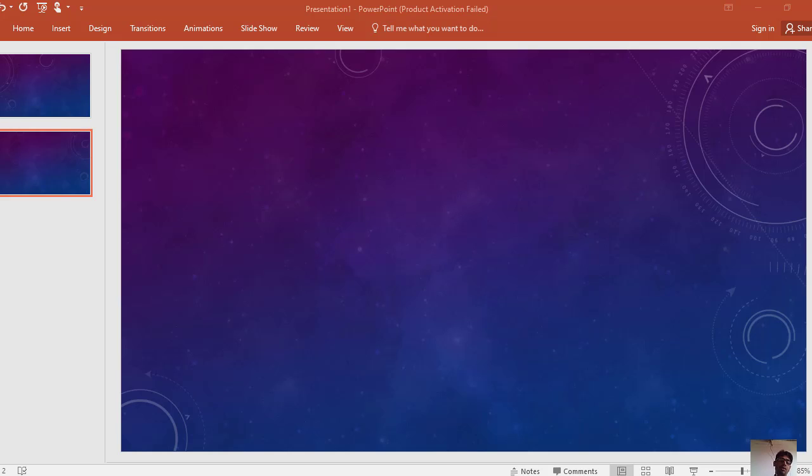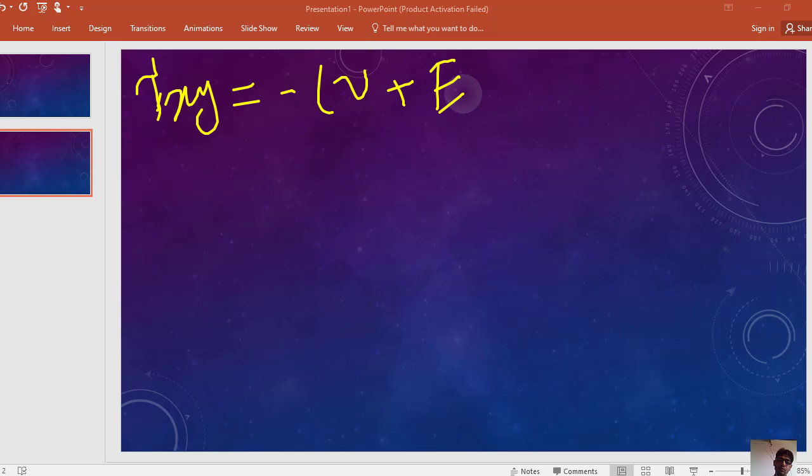Similarly for the turbulent flow, equation 1 can be written as tau xy equals minus, this is the kinematic viscosity, plus E, the eddy diffusivity for momentum, into d(Vx rho) divided by dy.